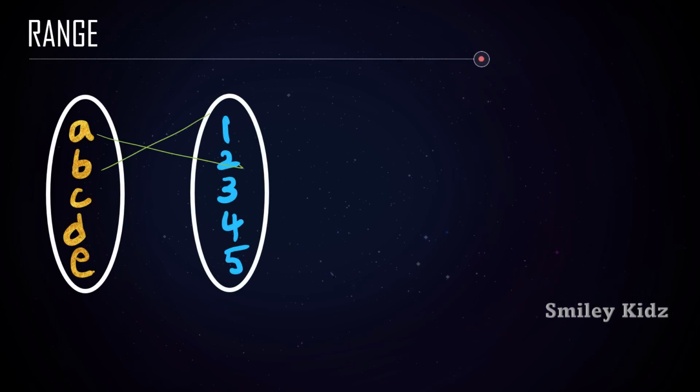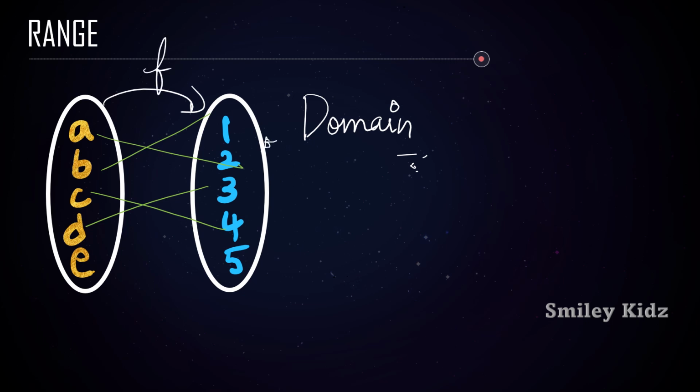Now let me do some random mapping on the screen in this manner. Fine. Let us now understand what range is. For this particular set, let me know what domain is. Well, this is a function. Everybody knows that. What is the domain over here? The domain is A, B, C, D, E. Are we right?